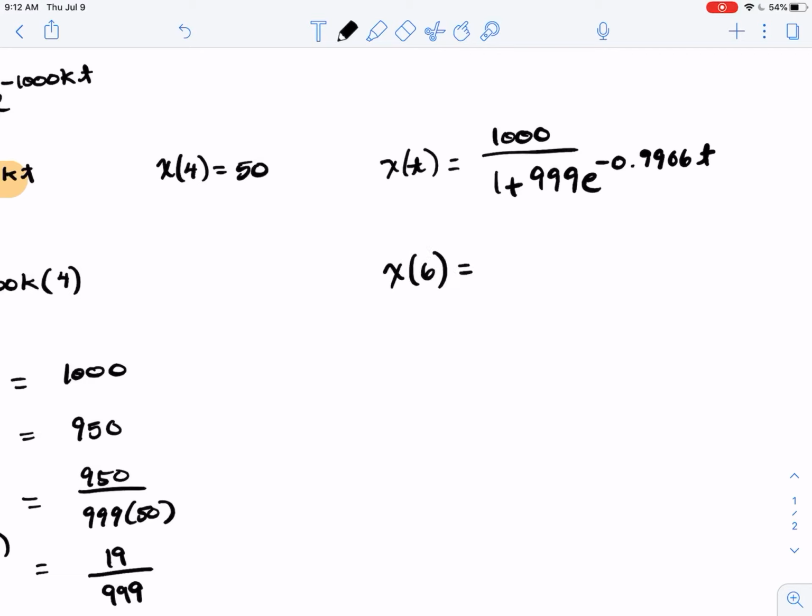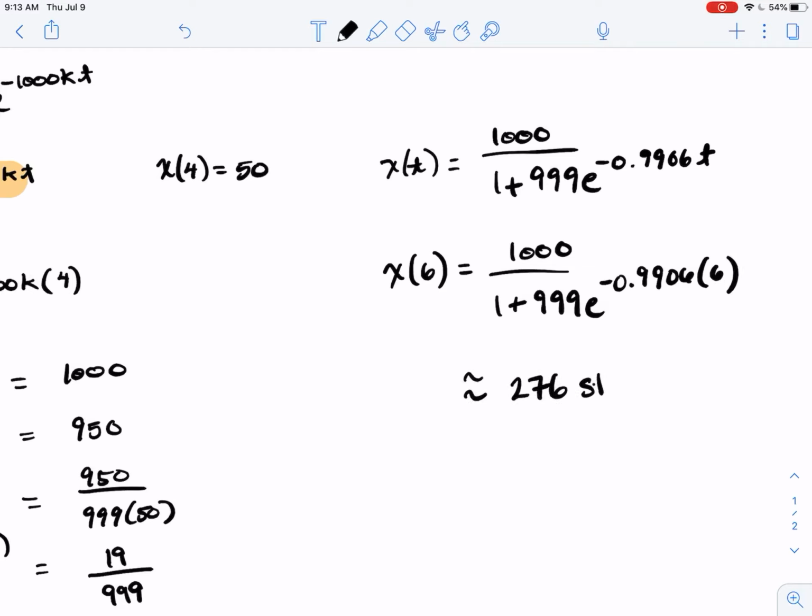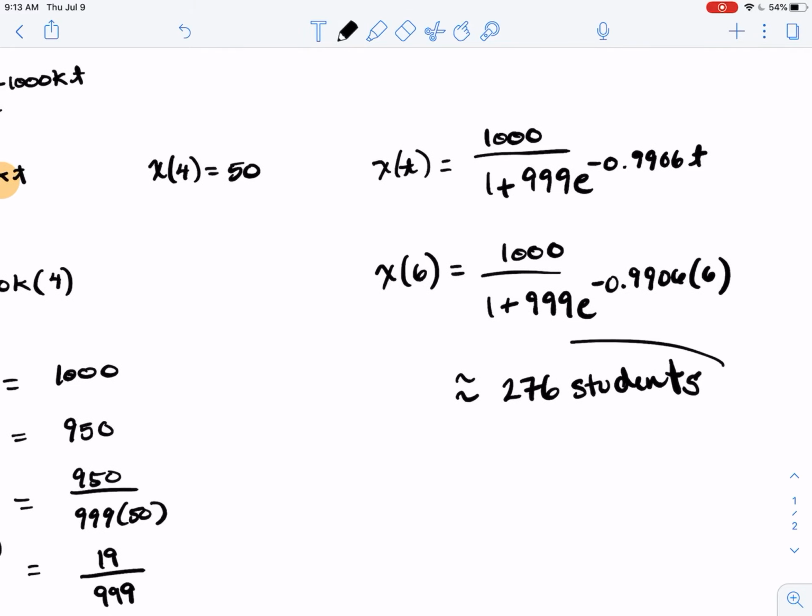So I'm just plugging in t to be 6, and just watch when you plug into the calculator that you're doing correct order of operations, and if I plug in 6, I get approximately 276 students.